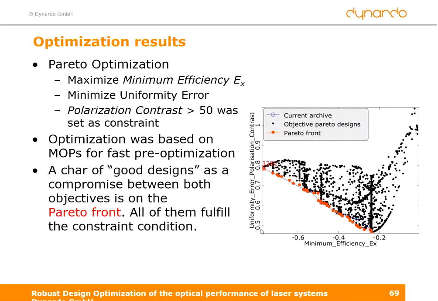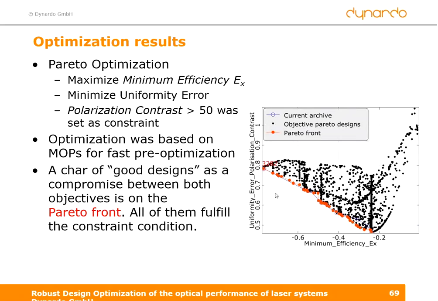Because we would like to decrease the uniformity error and to increase the efficiency in X direction, this is shown negatively here. So this part is the region of interest. And as we cannot come closer, these are really the best designs you can get. So you see, we don't have only one best design. No, we have a set of good designs.